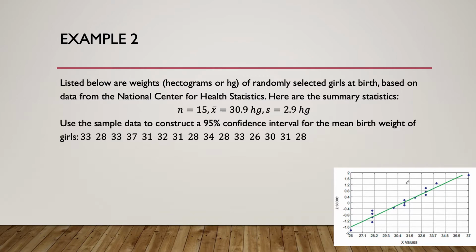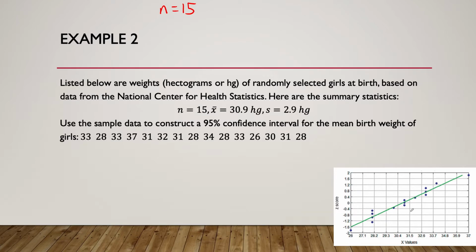It produces this normal probability plot down here. Now, mind you, the sample size for this is 15, which means we would need something that is pretty close to normal for us to be able to use this. But this normal probability plot down here looks to be pretty close, right?